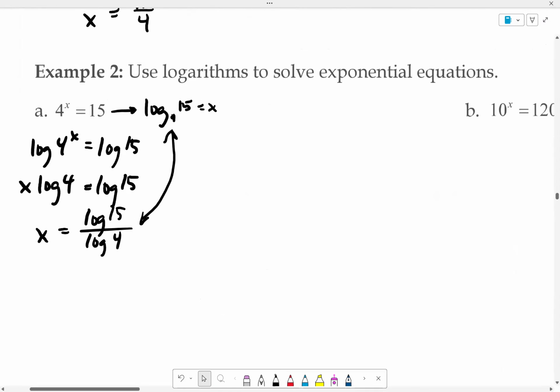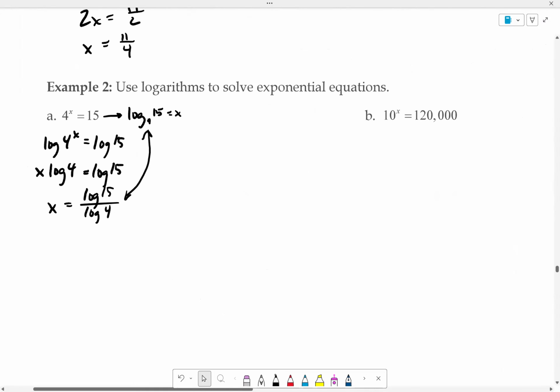Either way you go. Would you please try the new method for B, please? There are too many pleases in that sentence. We'll take the log of both sides.